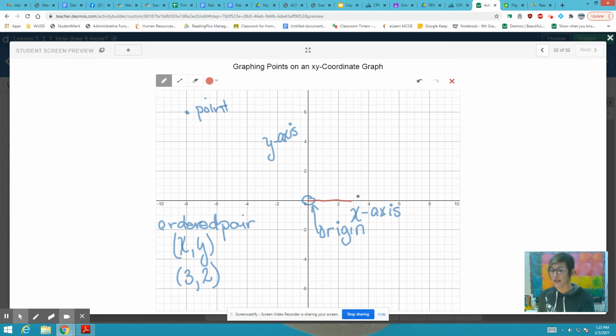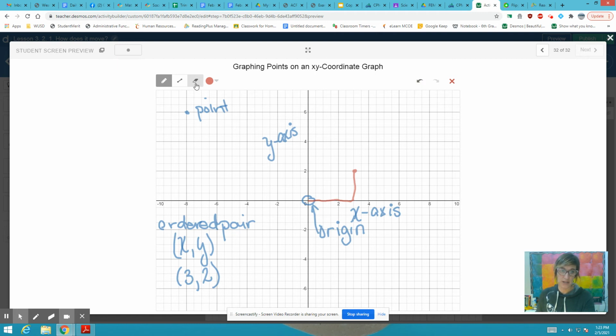And if you were actually finding the point, you wouldn't draw this part. This is just me trying to represent where a 3 is going to be. So here's our 3. So we go 3 units to the right. That marks the 3 on the horizontal axis. And then from that point, we're going to go 2 units up right here. And right here, this is the point that represents (3, 2).